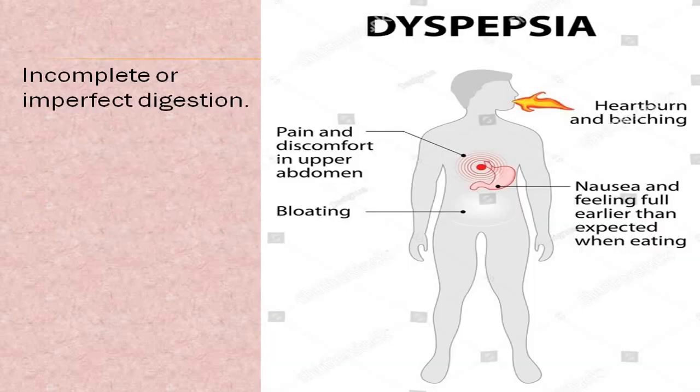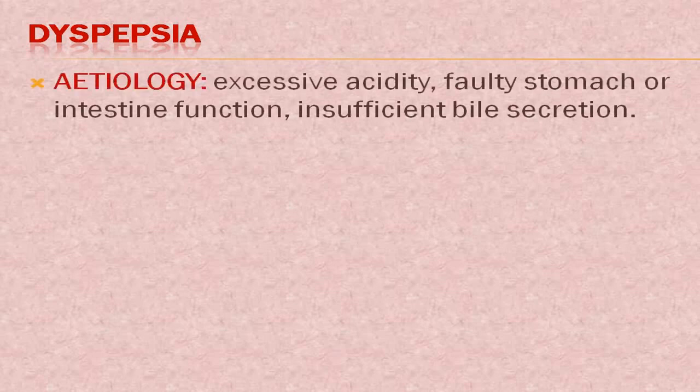Next is dyspepsia. Dyspepsia means incomplete or imperfect digestion. As you can see, this causes pain and discomfort in the upper abdomen, heartburn, nausea, and gas. It is due to excessive acidity and faulty stomach or intestinal function, and may also be due to insufficient bile secretion.